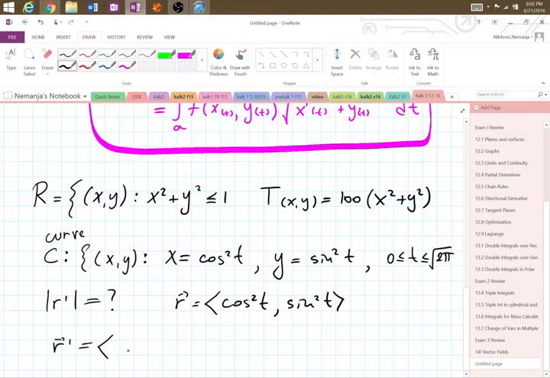It is negative 2 cosine t sine t, and what else? 2 sine t cosine t.